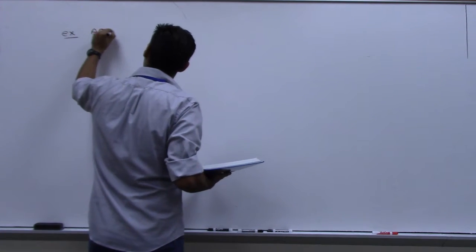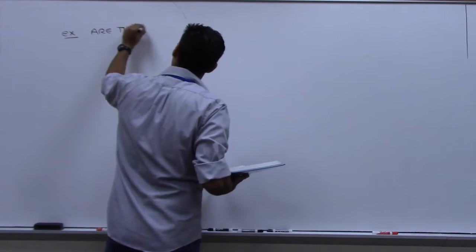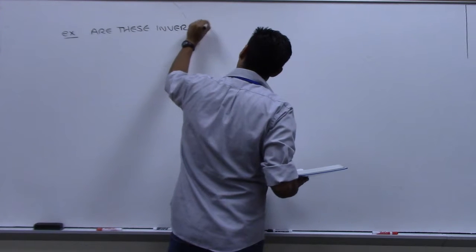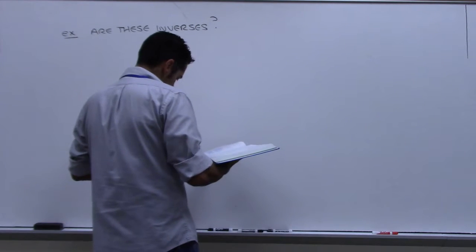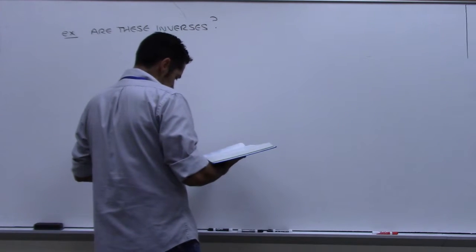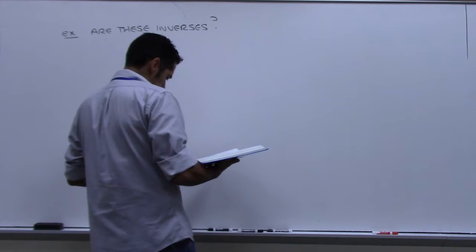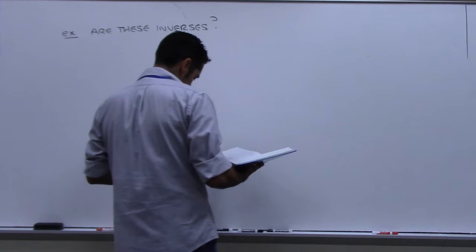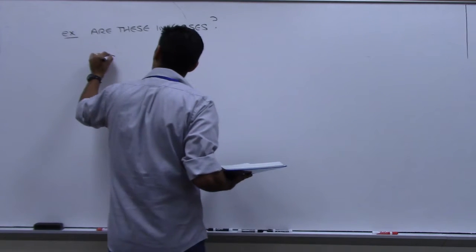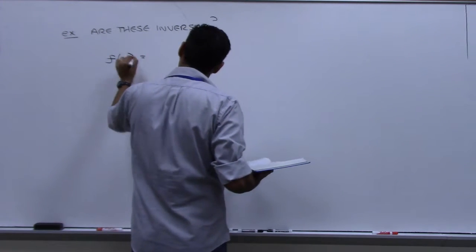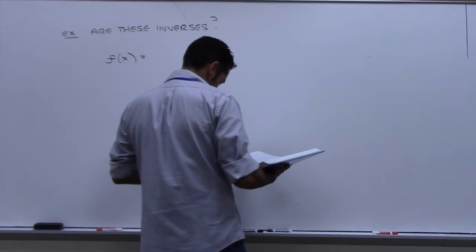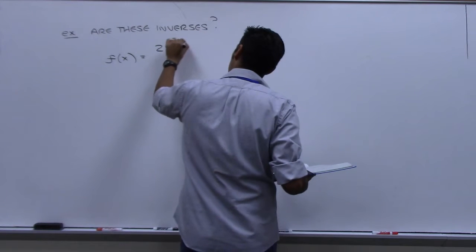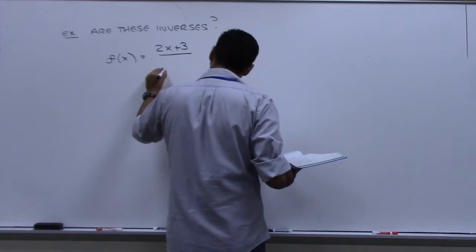Are these inverses? f of x equals 2x plus 3 over x plus 4.